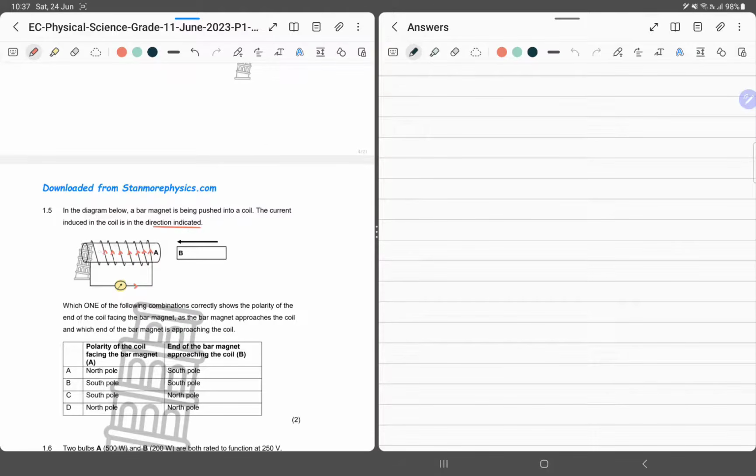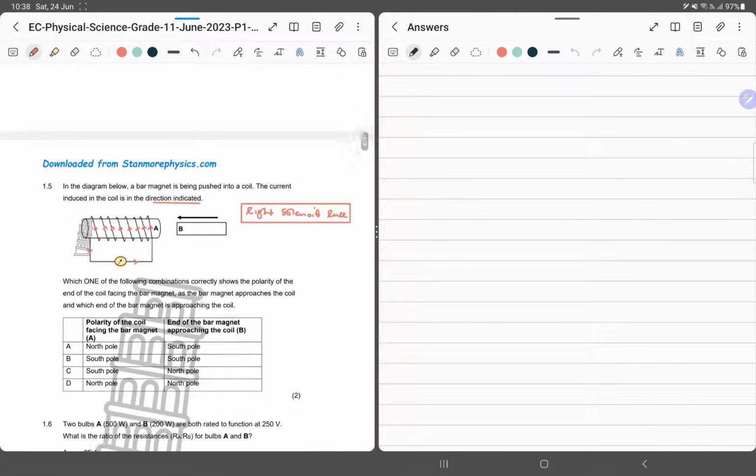So the current is doing those things, and then it's coming down here. So that's what we've got. So we use our right hand solenoid rule here to determine things. Great, it's applicable.